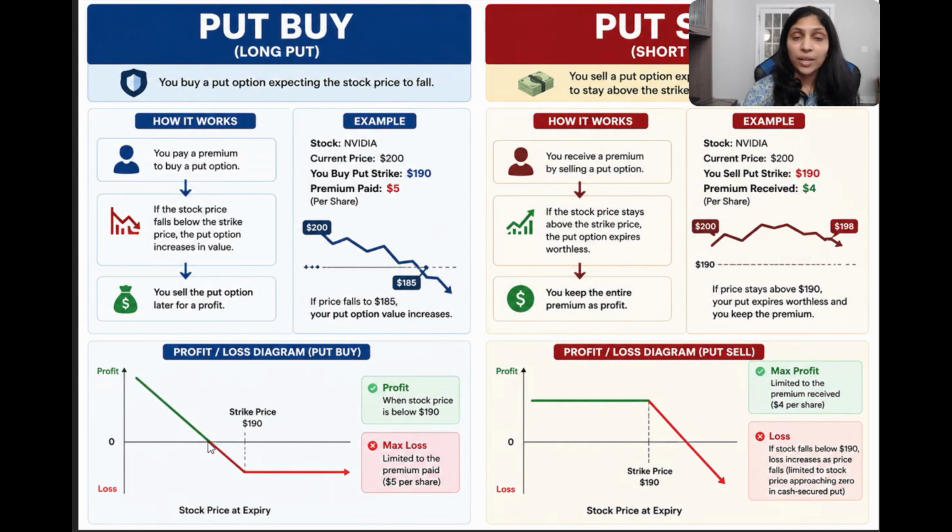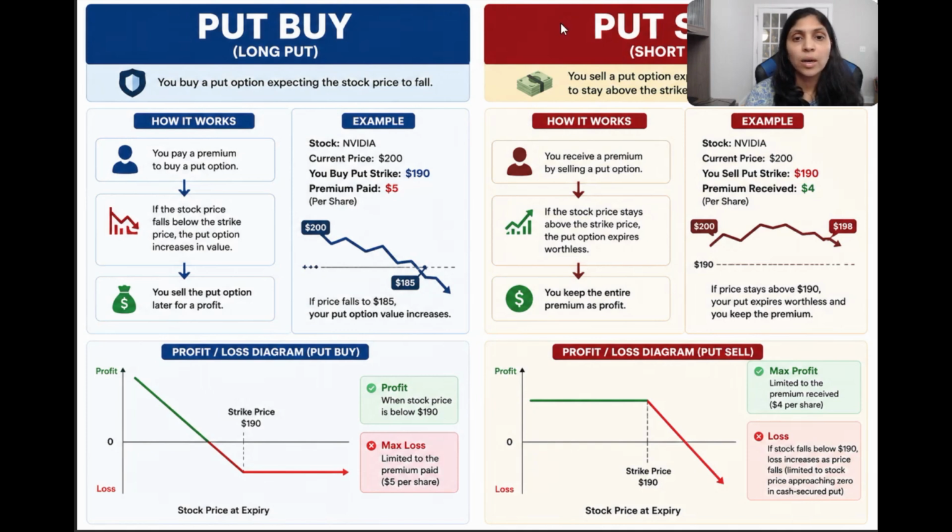If NVIDIA is anywhere between 190 and 185, at 185 you will break even, and anything between 190 and 185 you will be in partial loss. So this is how we need to calculate put buy. Whenever we are bearish on any particular stock, we can go with put buy.